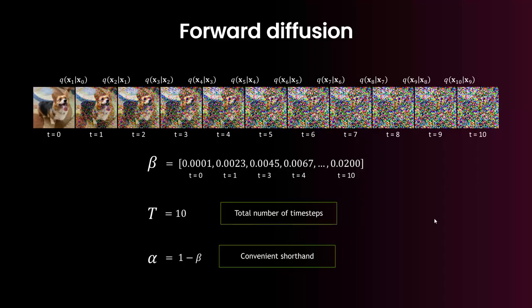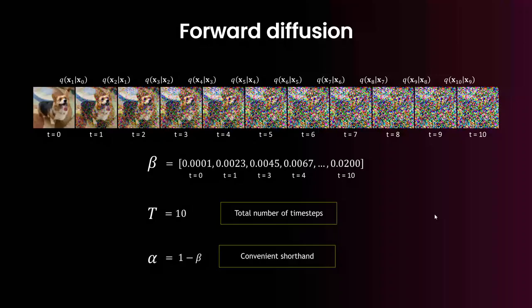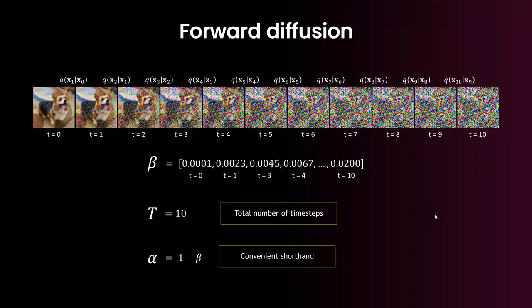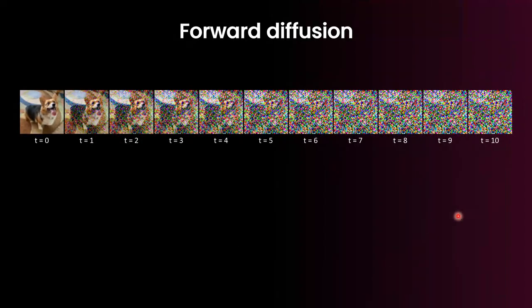So it's very important to select a good variance schedule value, and it's recommended to start with a small amount of noise, until the noise reaches the maximum level or the full noise level.